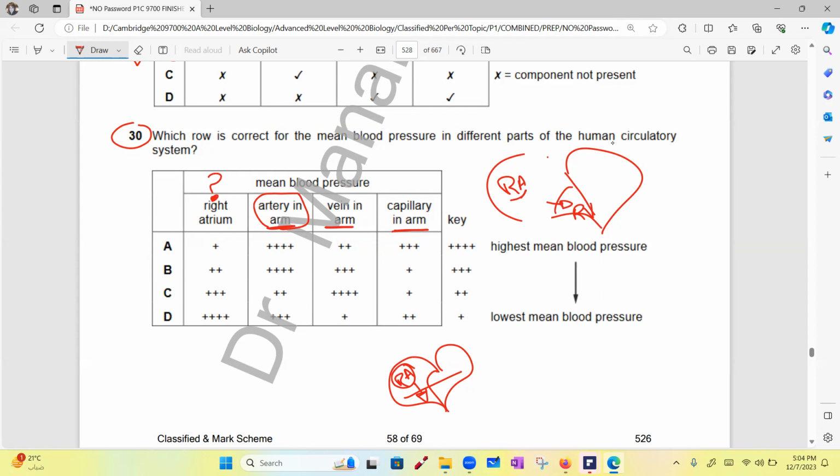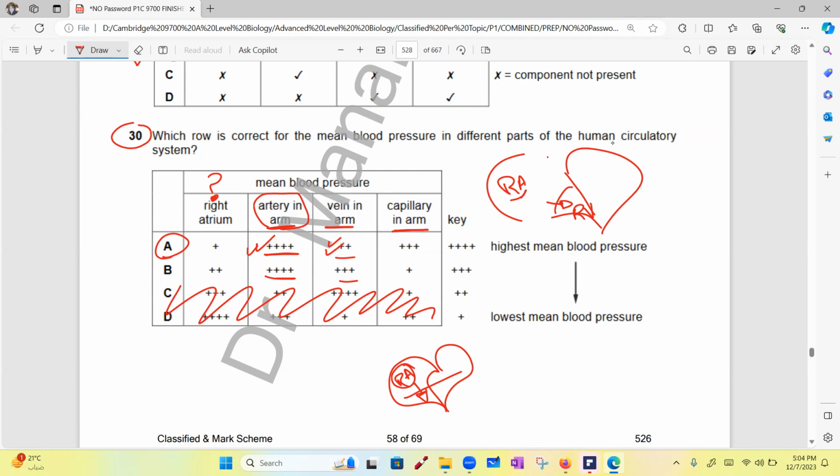Very good. So I will choose either A or B. C and D, I will cross them out. Now, what has the least pressure, the vein or the capillary? The vein. So it will be A or B? A. I found out the artery in the arm has the most pressure, and the vein has the least pressure.